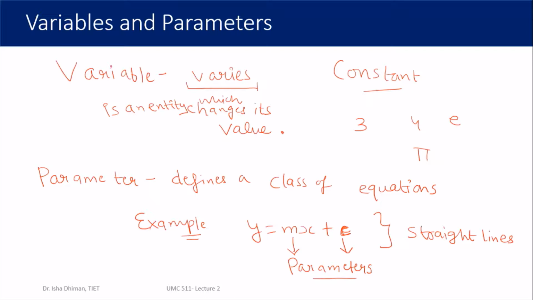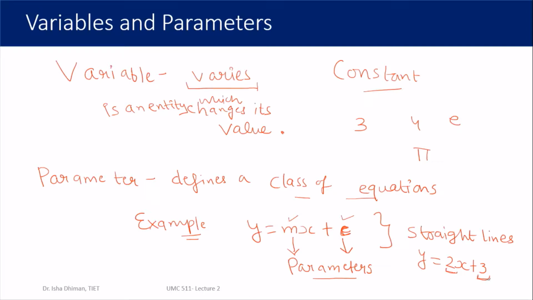So they are my controlling parameters, but otherwise they are acting like constants. In general, they represent a class of equations. To give you one equation of a straight line, you will fix the values of the parameters. That's why most of the time we get confused: sometimes it's a constant, sometimes it's a variable, but a parameter is something in between. They have the flexibility of being varied, but while defining one particular mathematical expression, they have fixed values.